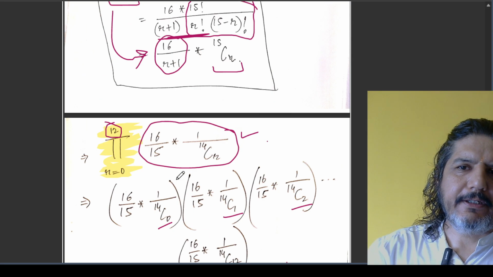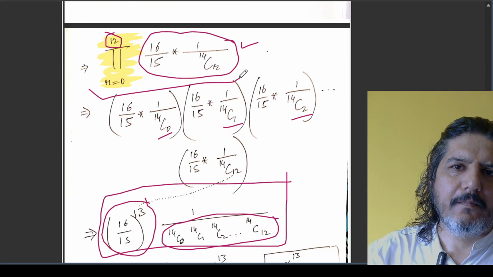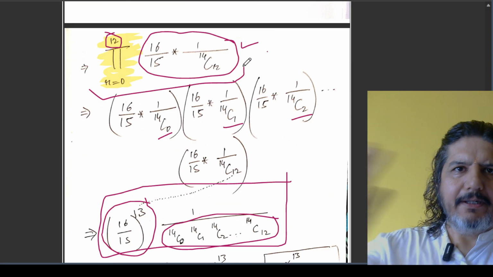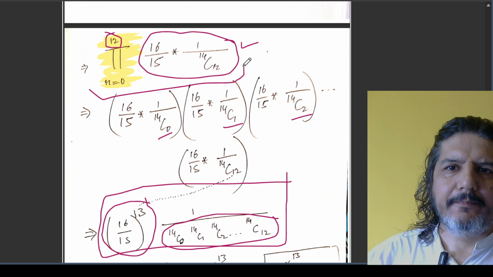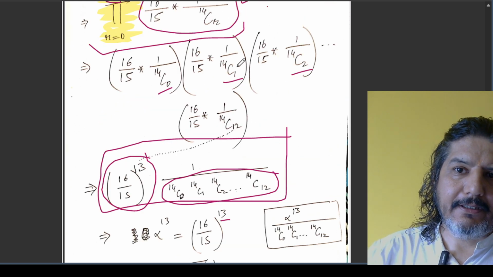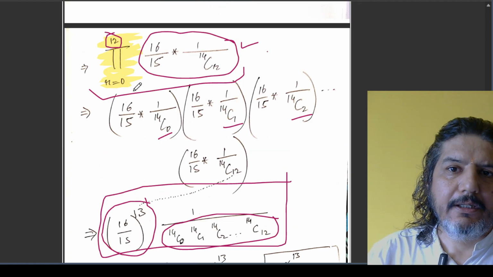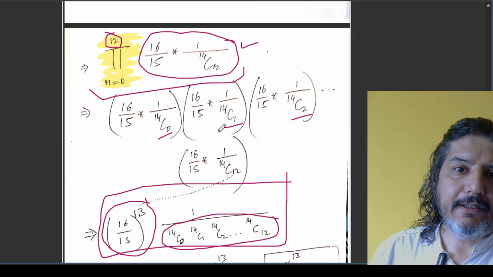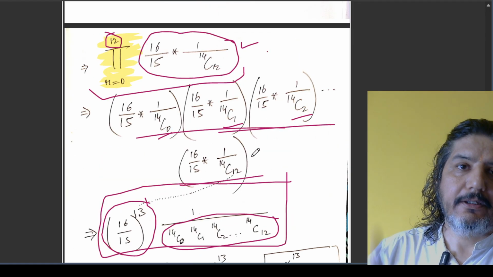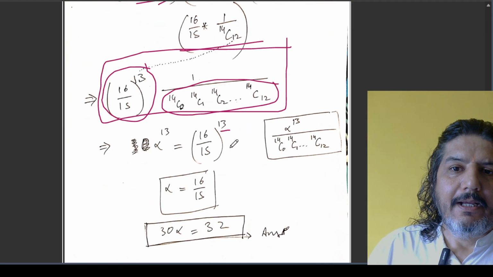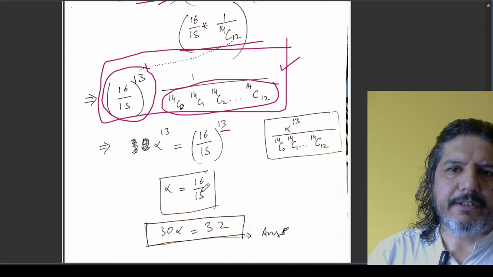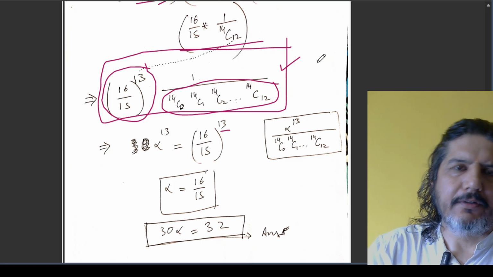Once we reach this critical step, we expanded the pi again. And here another critical thing is how many times 16 upon 15 will be coming. It will be coming 13 times, because what you need to understand is that these are 13 terms. And then finally, once you have reached this stage, this would be the final answer.